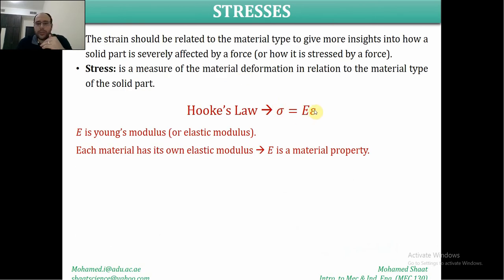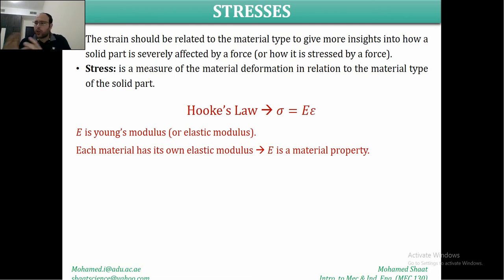But in order to determine how much strain is going to be generated because of the applied force, we should have this relation, a constant, which is known as the Young's modulus or the elastic modulus, as we discussed over the previous videos. This elastic modulus is a material property. So what does a material property mean? It is something that distinguishes one material from another. For example, the Young's modulus for aluminum has a certain value, which is around 70 gigapascal.